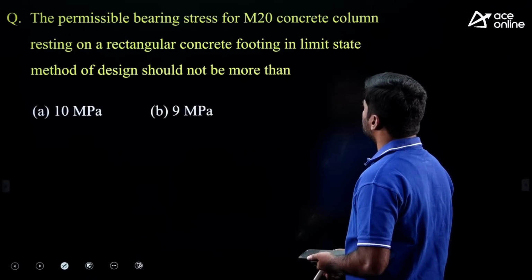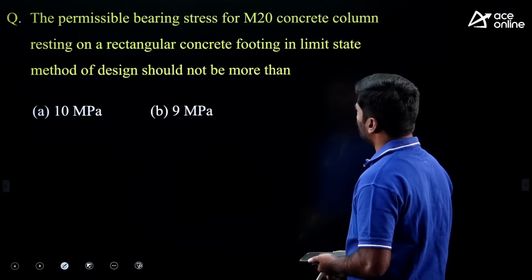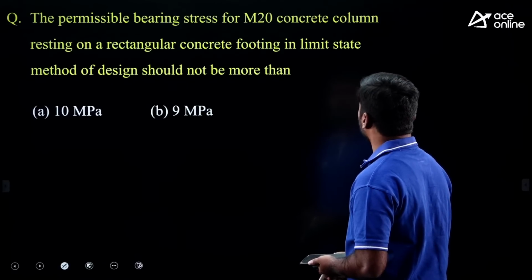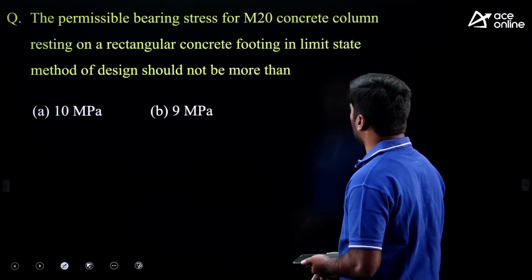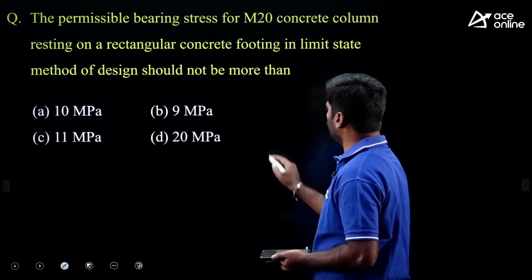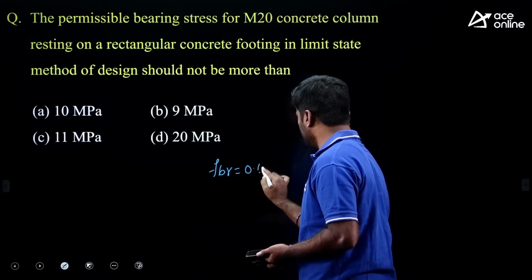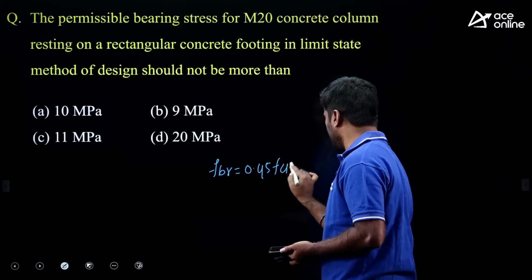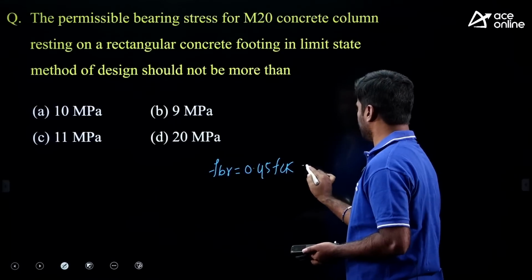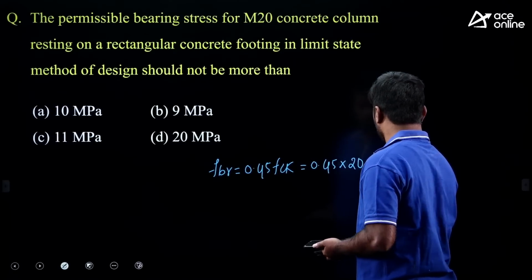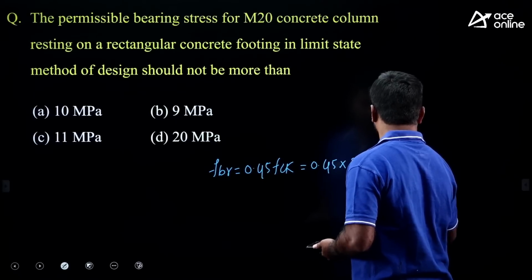The permissible bearing stress for M20 grade concrete column resting on a rectangular concrete footing in limit state method of design should not be more than... we know permissible bearing stress FBR is 0.45 FCK in limit state method, that is 0.45 into 20, you will get 9 megapascal.